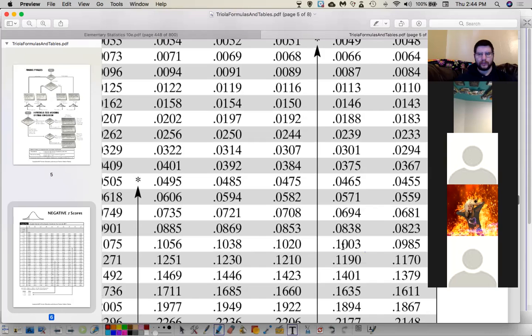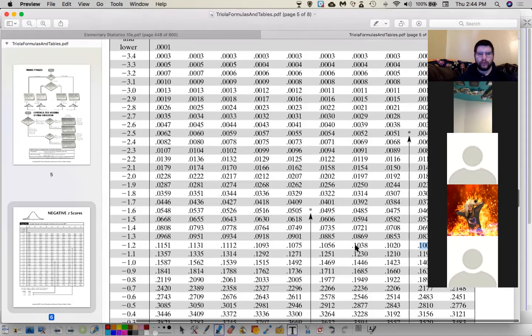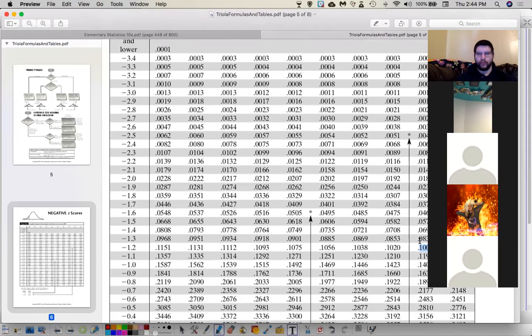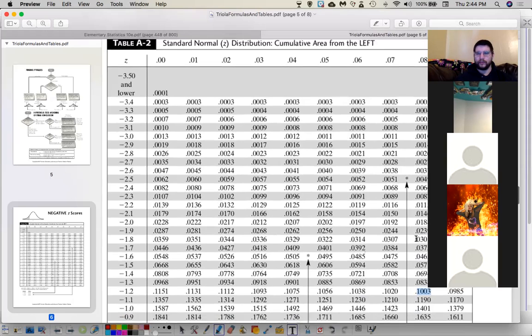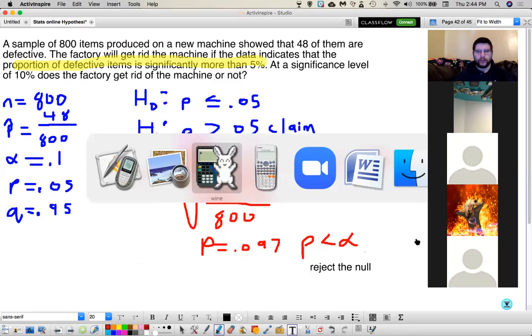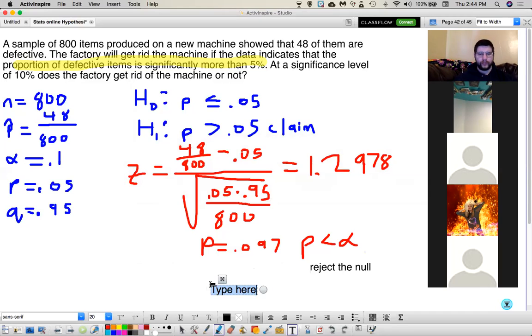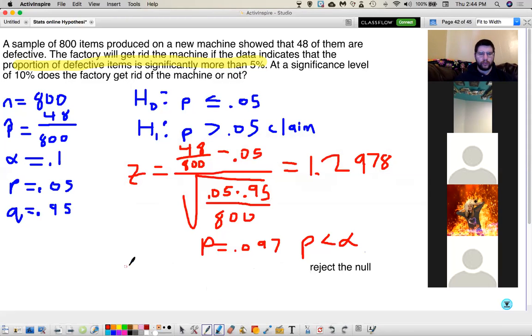So here we go, I think this is as close as I'm gonna get. 0.103. So if I look at that, that's 1.28. And we can, of course, do the inverse norm. We should get 1.28. So the critical value is 1.28.